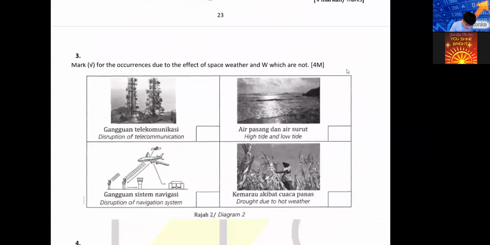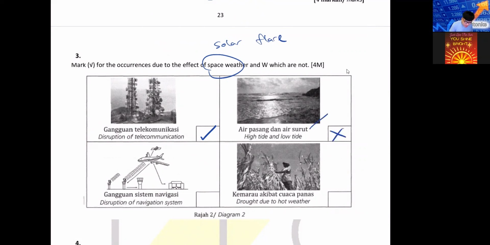Next, number 3, mark the occurrences due to the effect of space weather and which are not. So, space weather is like your solar flare, your nyalaan surya. So, what will solar flare cause? Does it disrupt your telecommunication? Yes, it does. Okay, they will kacau your phone signal. Does it disrupt your high tide, low tide?